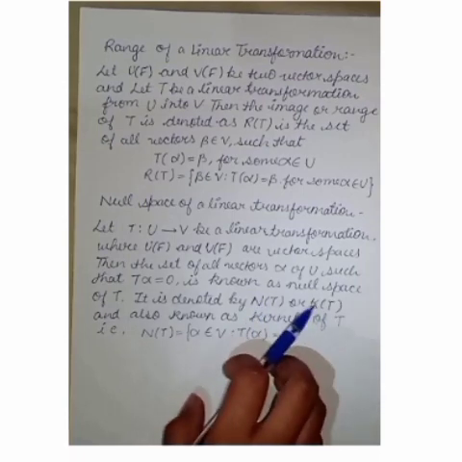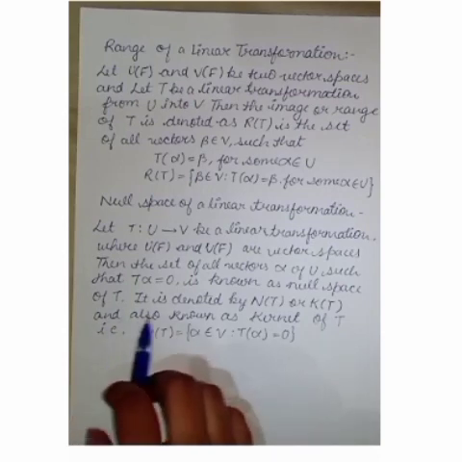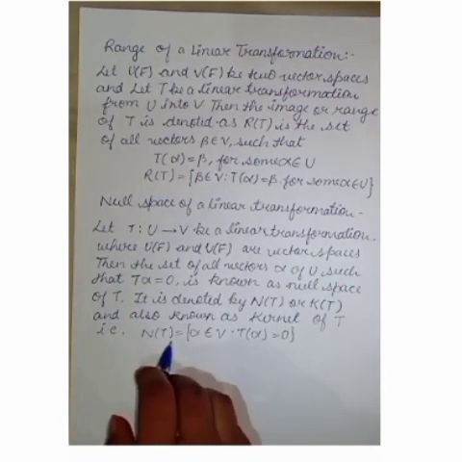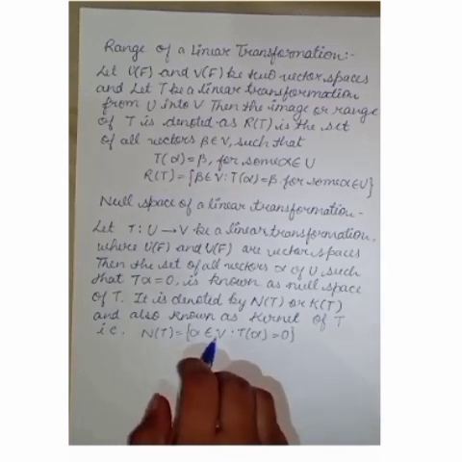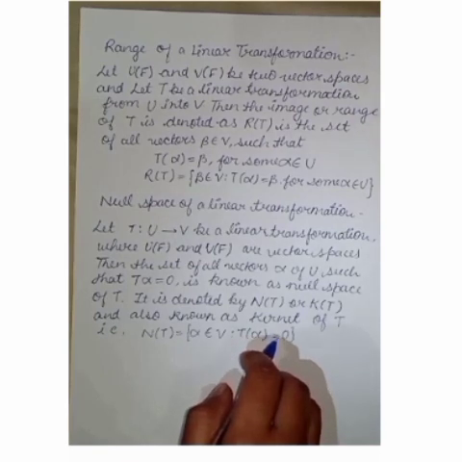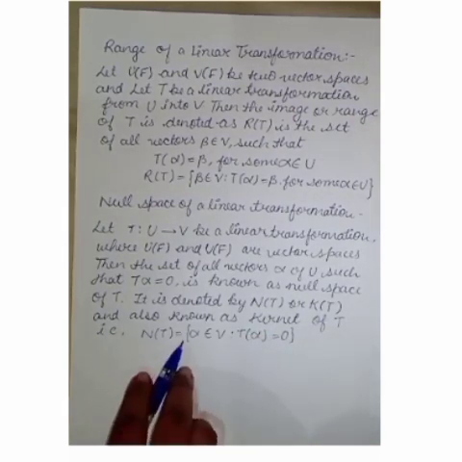We can say null space or kernel also. That is N(T) equals the set of alpha such that T(alpha) equals 0. So this is the null space of transformation.